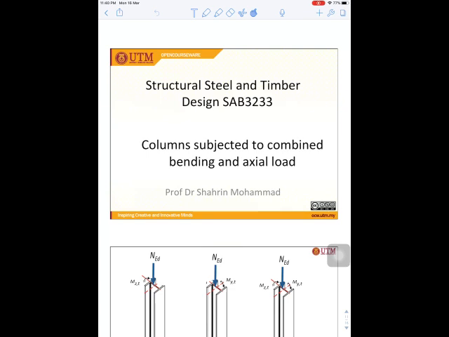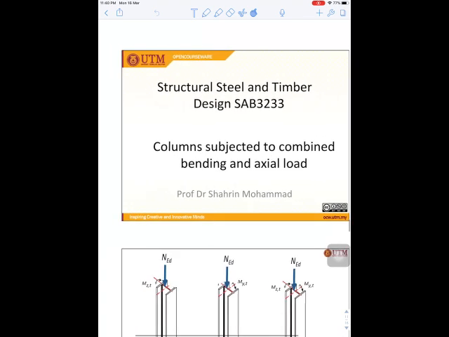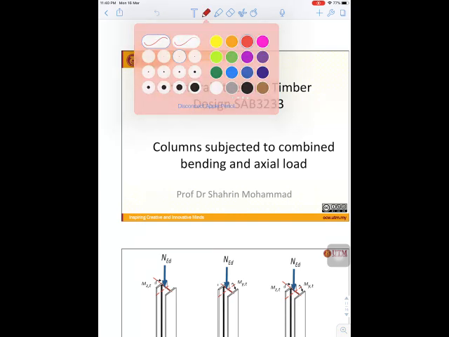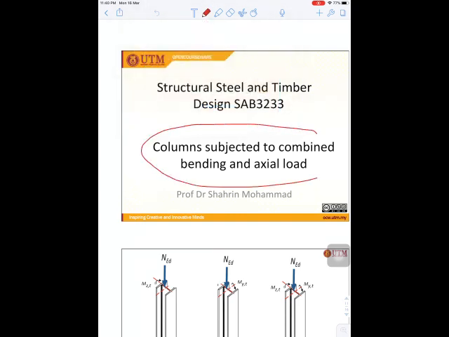Okay, we'll continue with our lecture regarding the designing of columns subjected to combined bending and also axial load.